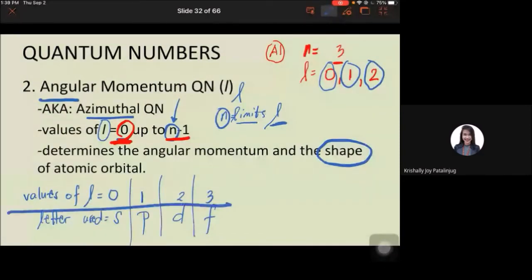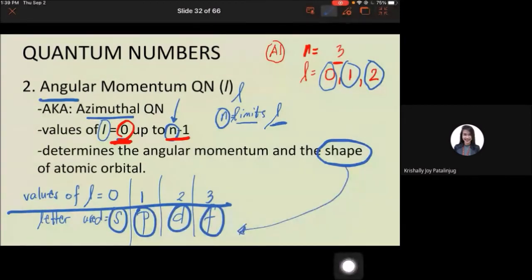Okay? And again, ano sabi ko kanina? What is the importance of this letter? This letter describes shape of atomic orbital. Naalala sa first slide ko, may pinakita akong 3D representation ng S, P, D, and F. And iba-iba yung shape nila.